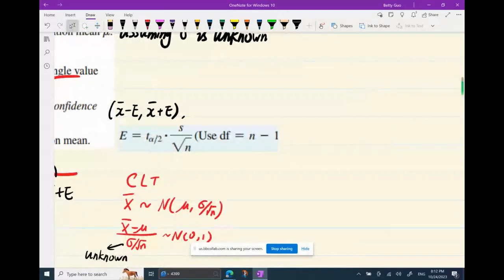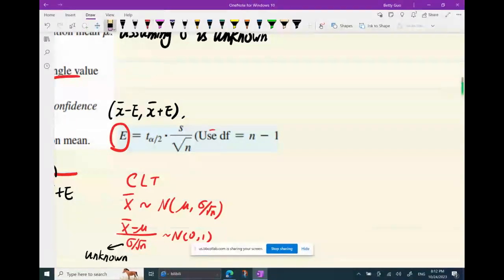Once you get a sample, you add up the values in the sample, divided by the sample size, you have the x bar, sample mean. Margin of error E, that's what we need to talk about in detail. Margin of error E could be found by using this formula: t sub alpha over 2 times s over root n.